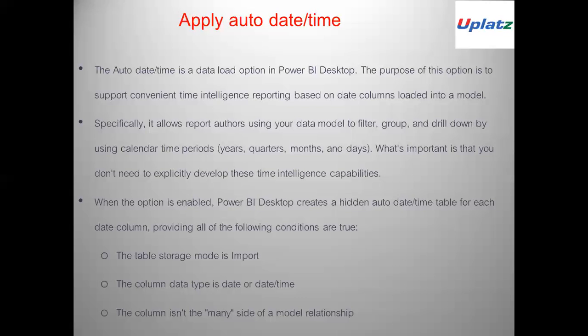When the option is enabled, that means the data load option has to be enabled for the date columns we have in our model, Power BI Desktop creates a hidden auto date or time table for each date column, provided all the following conditions are true.